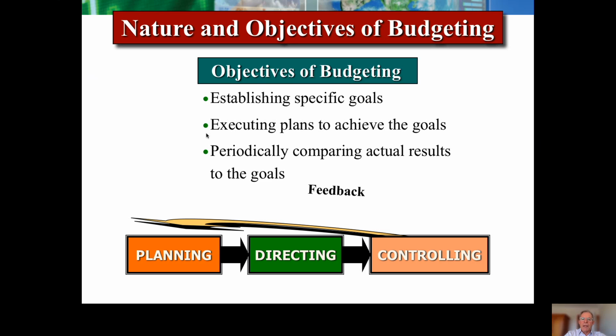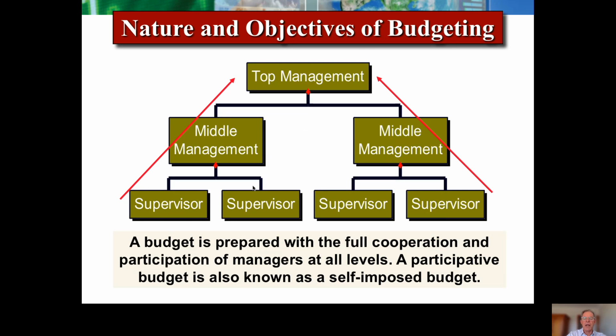So part of our planning, directing and controlling will be looking for feedback, comparing actual results with the budgets, working out what's working well, why we aren't achieving our goals perhaps, and whether we need to adjust them. So all those sorts of things to take into account.